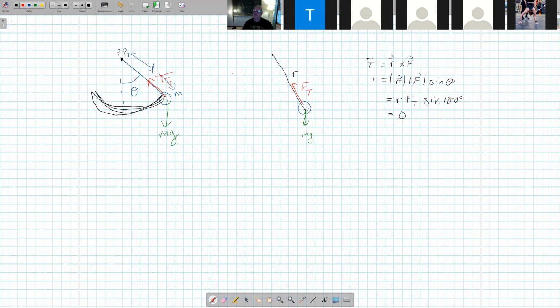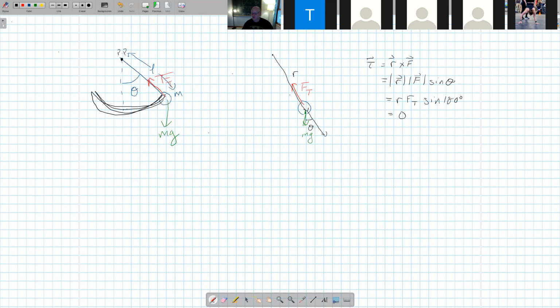So the torque due to the tension is going to be 0, but there is going to be a torque from mg, because these two are not exactly in line with each other. mg points straight down, and r points in this direction, which means the angle between the two is exactly the same as the angle by which this is displaced.